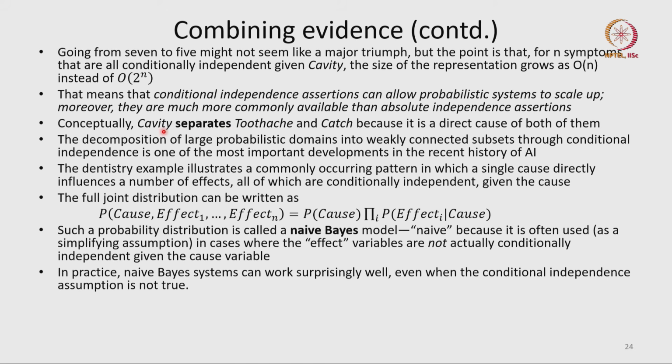If you say cavity separates toothache and catch, it is the cause of both of them, but then toothache and catch are independent of each other. So you can write the full joint distribution as follows: cause, effect 1 to effect n, is P of cause times the product of P of effect i given cause. This is the naive Bayes model, which is used as a classifier, the naive Bayes classifier.